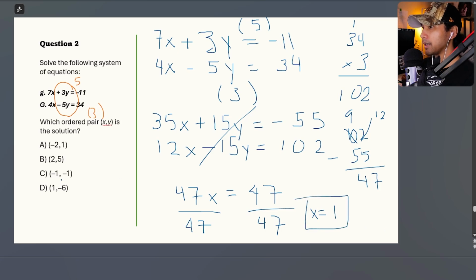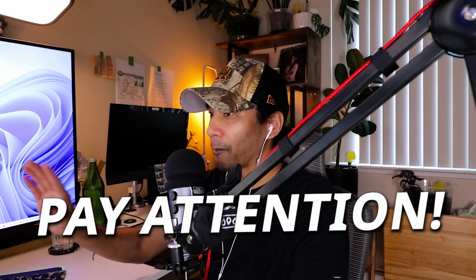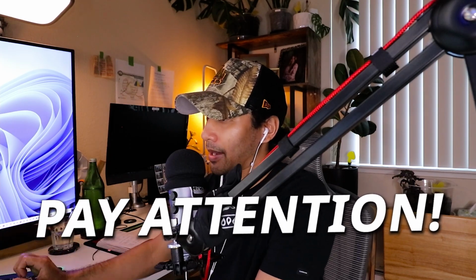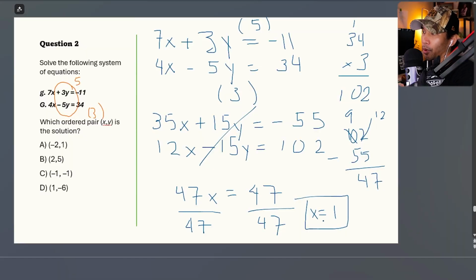Box that up, because now we could check our x's. This is a really good example. We found x equaling 1. On the test, I would be like, okay, I believe my math checks out. I'm good to go. It's D, because it's the only answer choice here that has x equaling 1. Every answer has a different number.